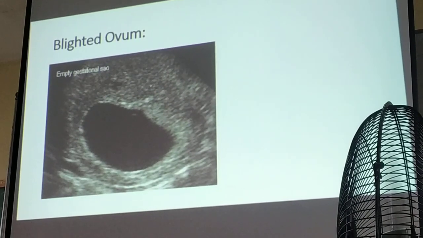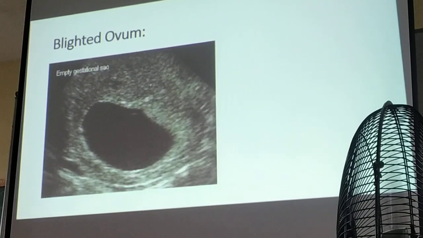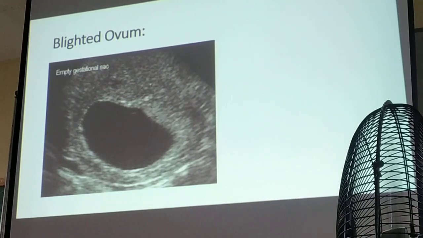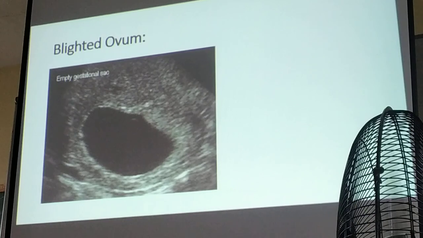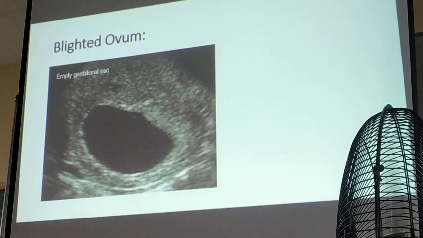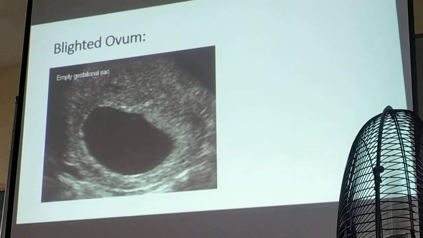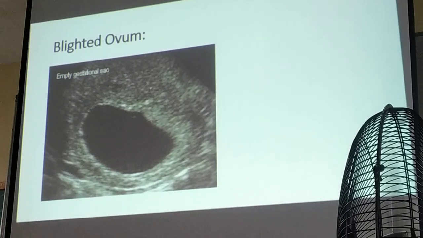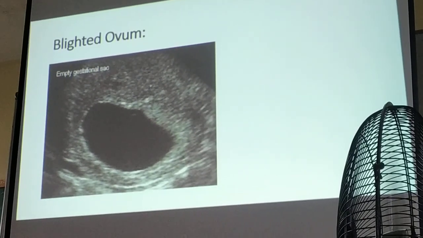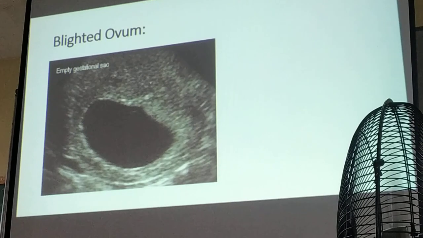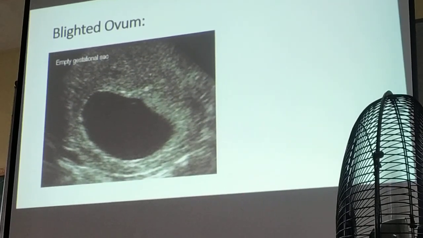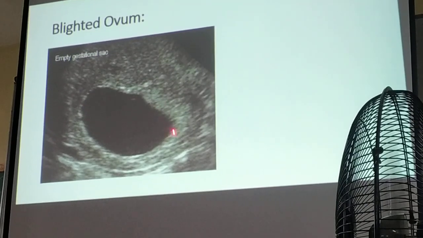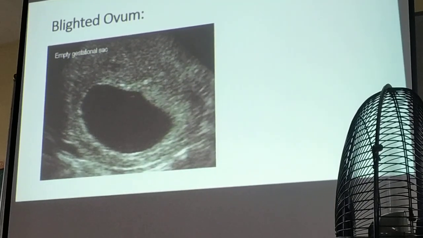And then if your patient would insist that she really knew her LMP, then you try to see if it's more than 9 weeks and you don't see any embryo, that's blighted ovum. And the gestational sac is quite big and it's no longer a perfect circle. It's deformed. Okay?